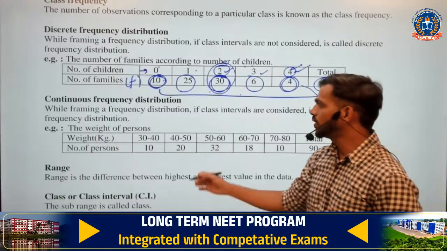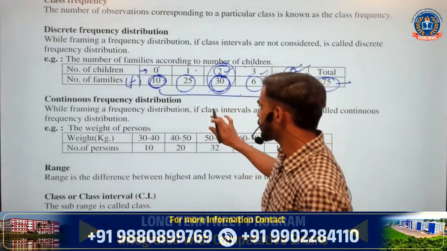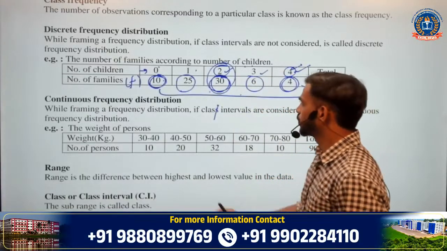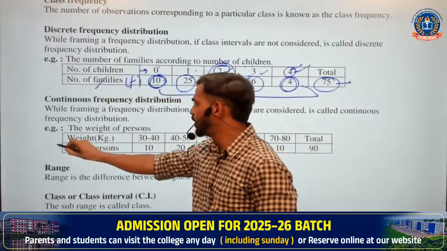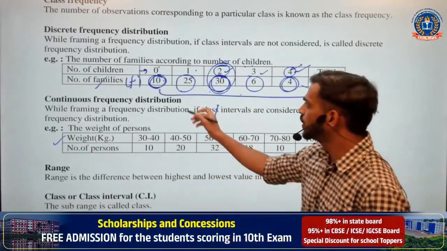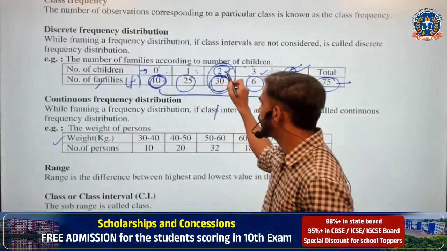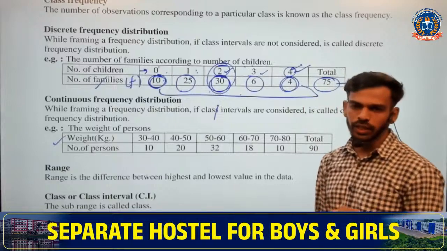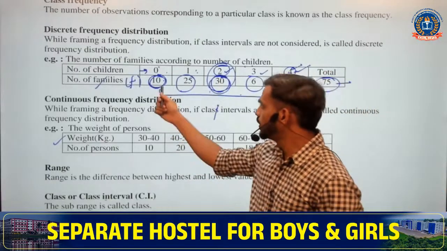See here, you can notice the difference between this example and the second example. In the first example we have taken the values of the variable: 0, 1, 2, 3, 4 are the values taken by the variable, and this is the frequency.